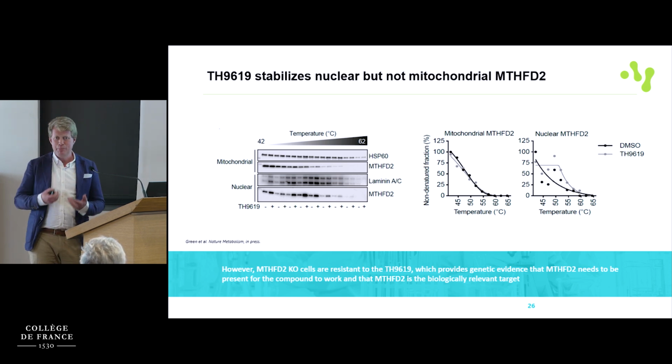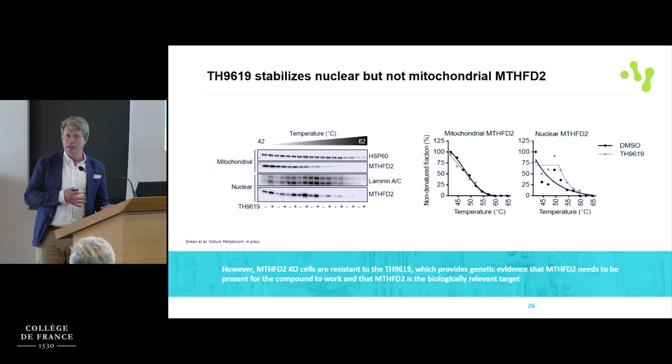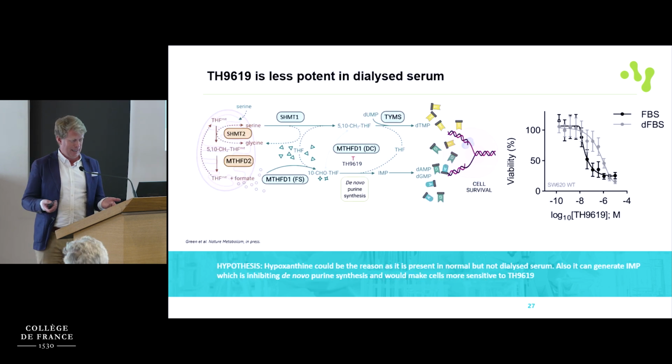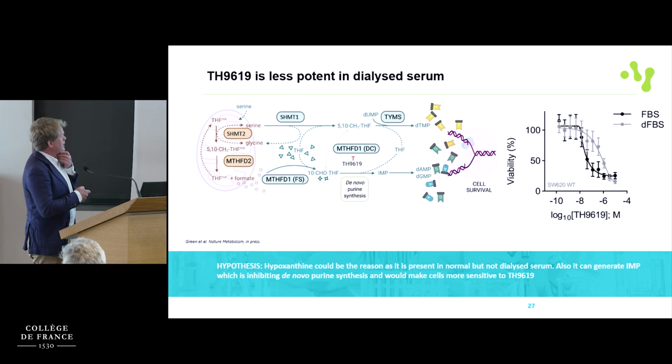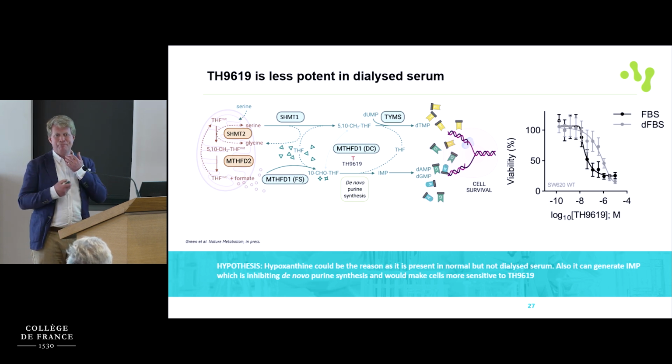So actually what happens is that our compound doesn't go in and inhibit MTHFR2 in the mitochondria at all. Okay, so what is happening then? So basically, this is how our compound works. It inhibits the DC domain of MTHFR1 here. But if this is the case, then if it inhibits this one, you would generate purines from there and pyrimidines from there, and it shouldn't do anything. So it shouldn't work, but it works.